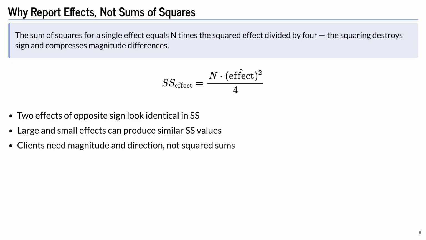The squaring does 2 things. It removes the sign so you cannot tell whether raising a factor increases or decreases the response. And it compresses differences in magnitude, so 2 effects that are very different in size can produce similar sums of squares. A client who needs to decide whether to raise or lower temperature cannot act on a sum of squares. They need the effect estimate and its standard error.